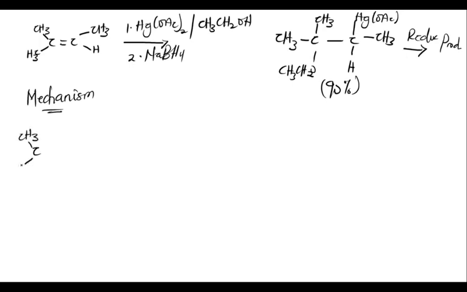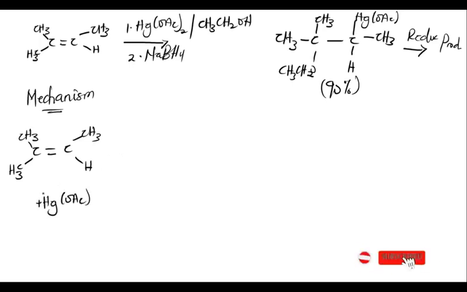So I have this CH3, then the hydrogen over here, then I have the acetoxymercuric ion now attacking. The double bond will attack the positive center, and these electrons will attack one of the carbons over here to form a cyclic compound that looks like this.